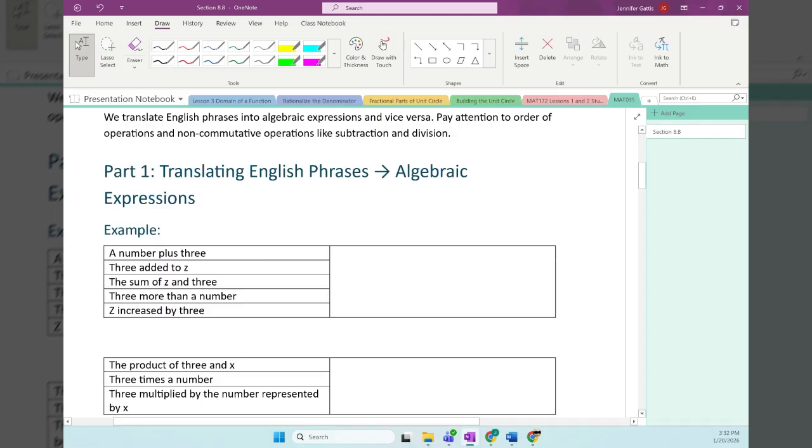So, first of all, what operation do you believe these statements are talking to us about? Now that we've considered what operation these statements are talking about, what do you think the algebraic expression would look like?